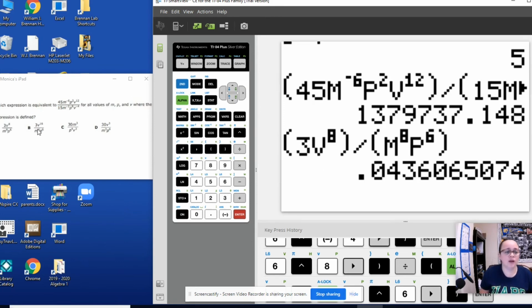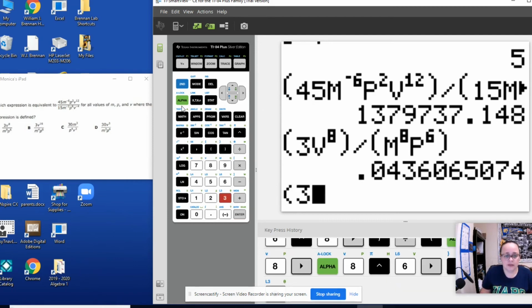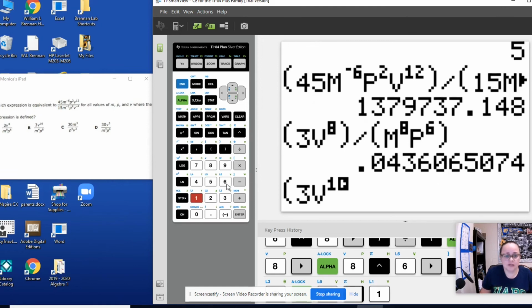So now we're going to try B. 3v to the 16. So we're going to open parentheses, 3 alpha v to the 16. Get out of the exponent. Close your parentheses.